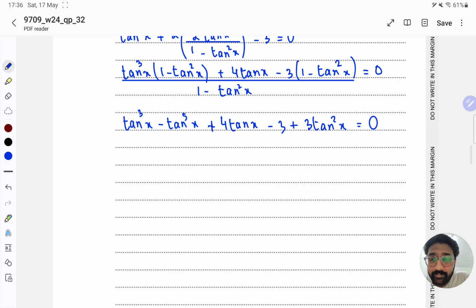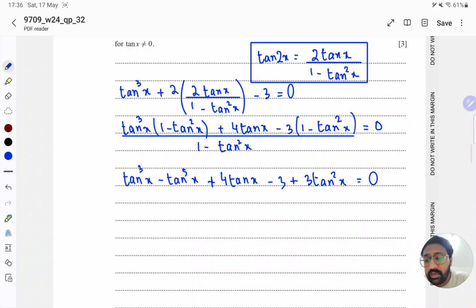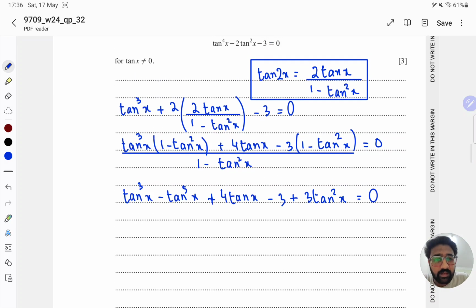Now like terms, do we have a like term? No, we don't have a like term. So let's simplify. Let's arrange it. For the arrangement, it was this and this.